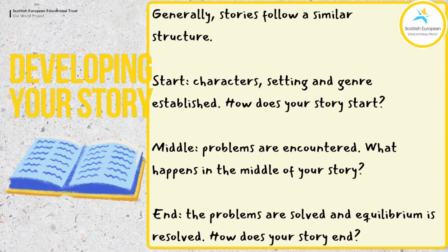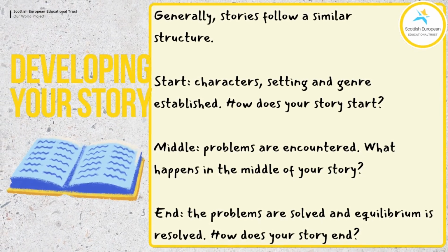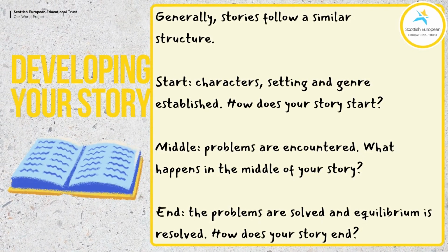So generally, stories follow quite a similar structure. So you start at the start, you have your characters, your setting, and your genre that are established. So it's where you get your first glimpses into who's the main character, where is it set, and what kind of film is it. So how does your story start? Then afterwards, you start thinking about the middle of your story.